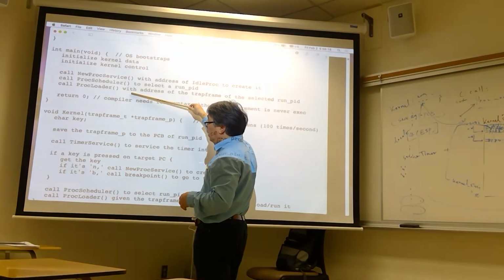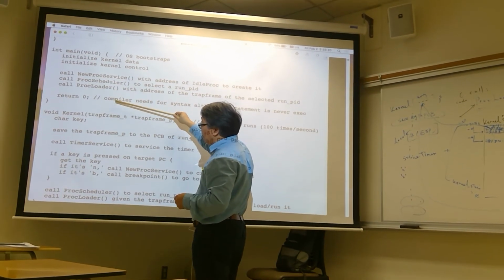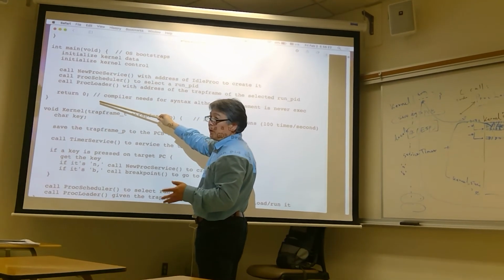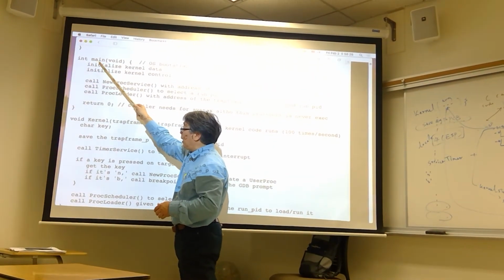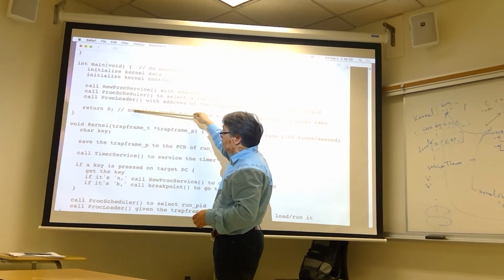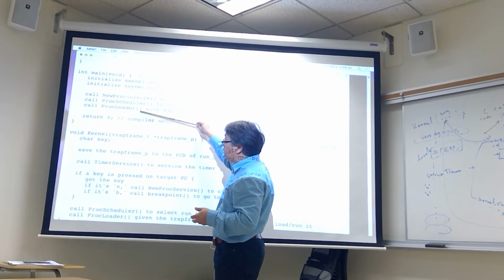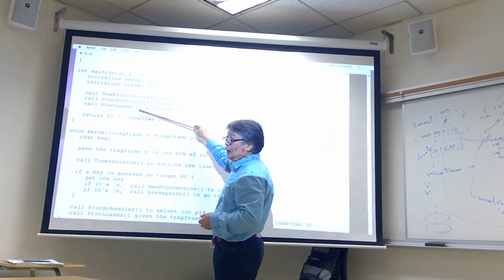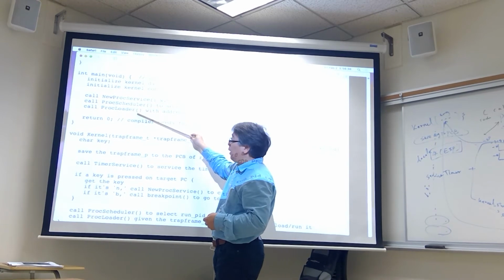Return 0 is really never executed, but just for the purpose of the syntax of main, the compiler wants it. But this statement is never executed. Once we call this proc loader, the CPU will switch the instruction execution to that process. Never come back.